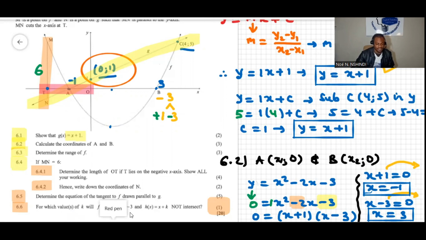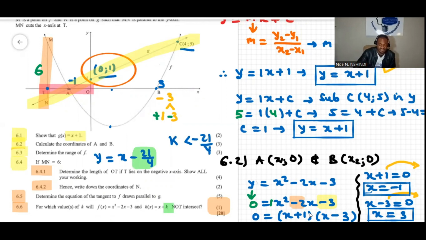Because we proved that the tangent line to the parabola is given by x minus 21 over 4, k here must be lesser than negative 21 over 4.